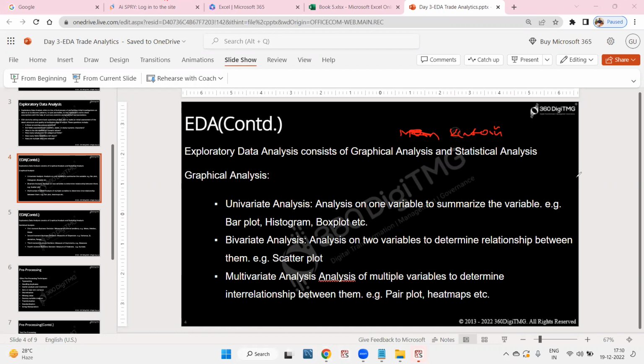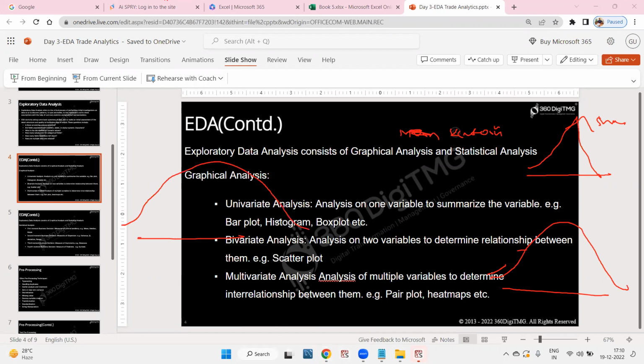When you talk about kurtosis, your data is either a wide peak or a short peak. This is a short peak, the other is a wide peak, and this is normal. See, all three data are normal distribution only. There is no doubt in it.